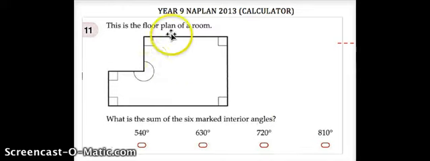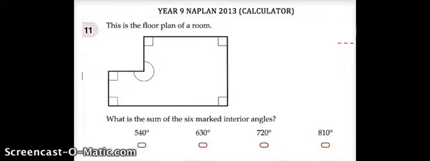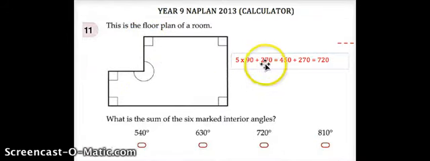So you've got 5 lots of 90 plus 270. Now that's one way to do the question. That's 5 times 90 plus 270, which is 720 degrees.